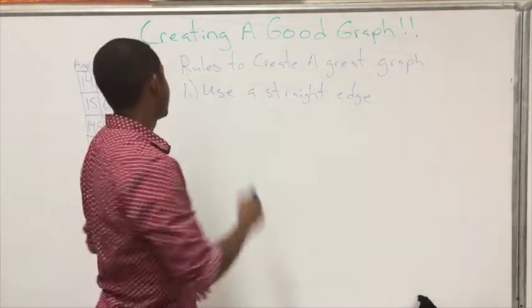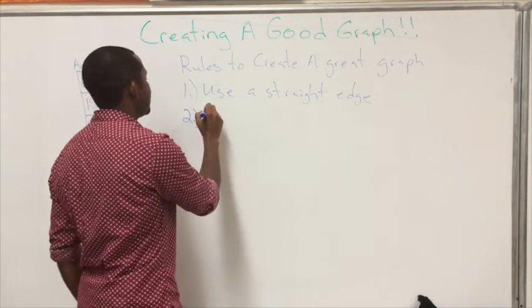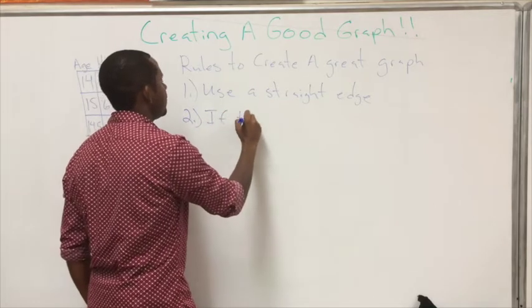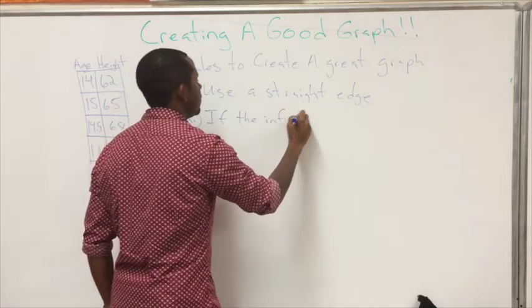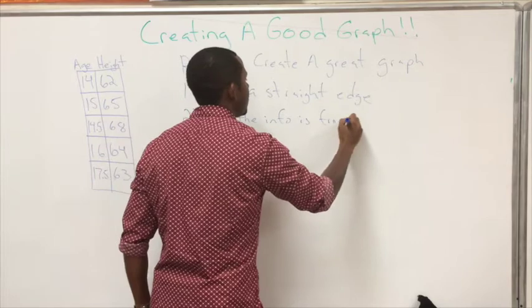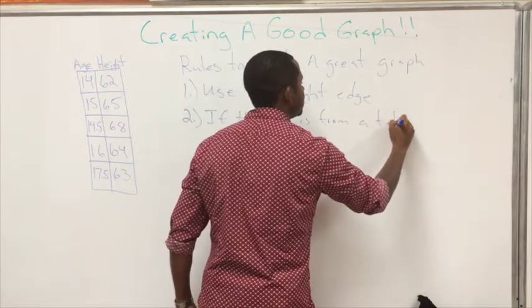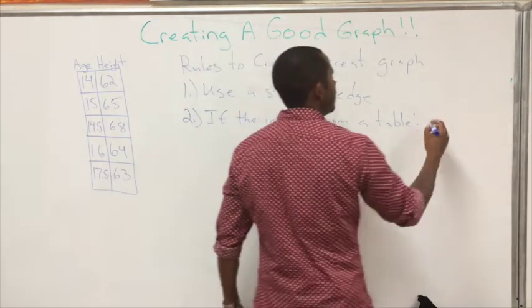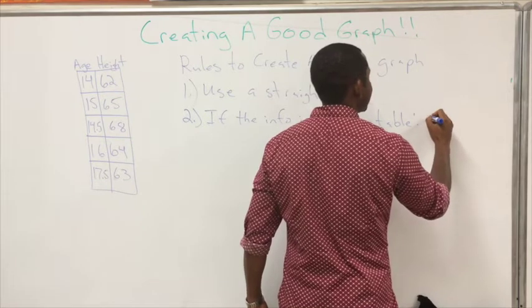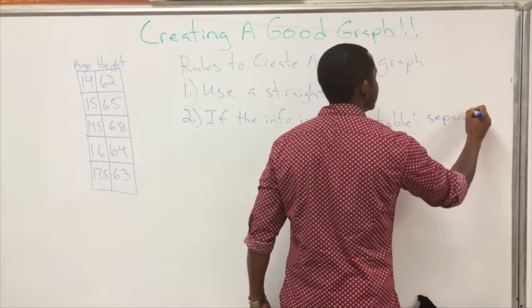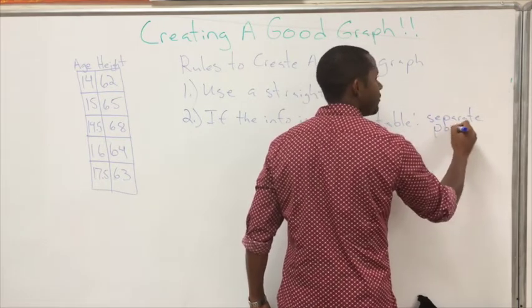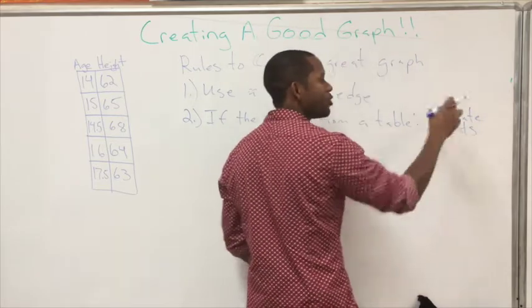2, we'll say if the info is from a table, you will have separate points, right? If it's from a table, they're just going to graph those points.